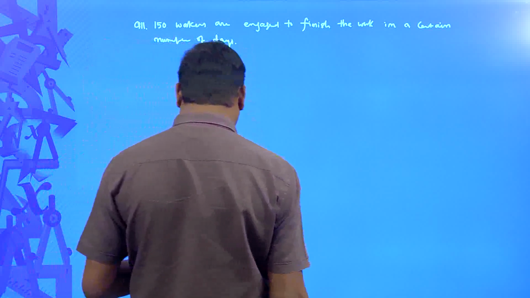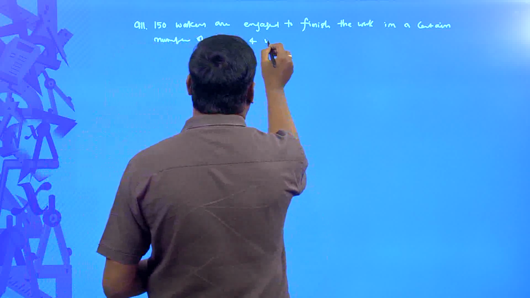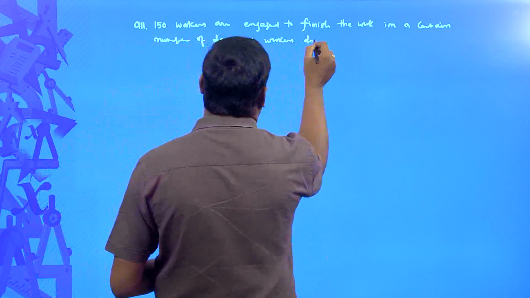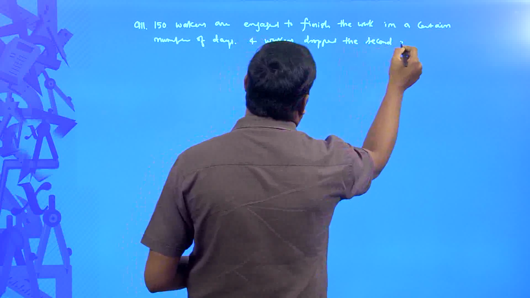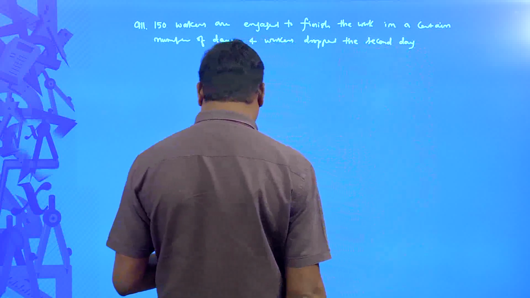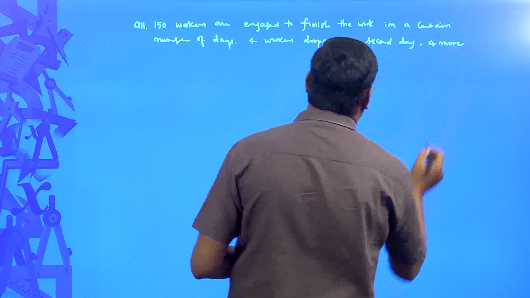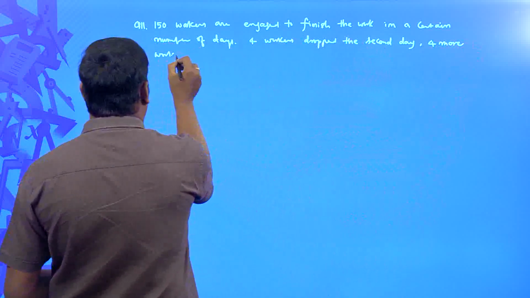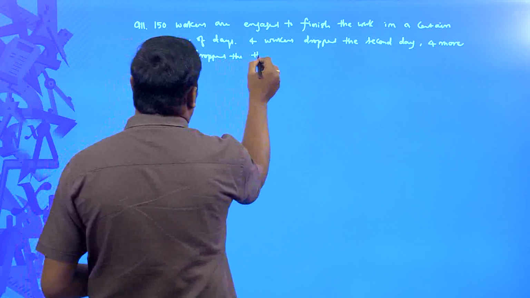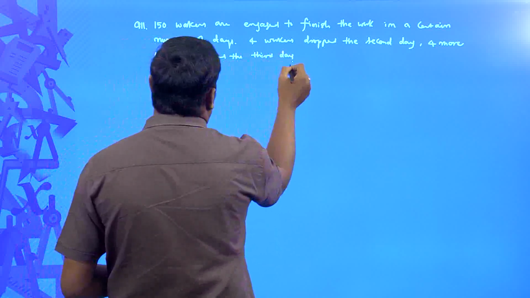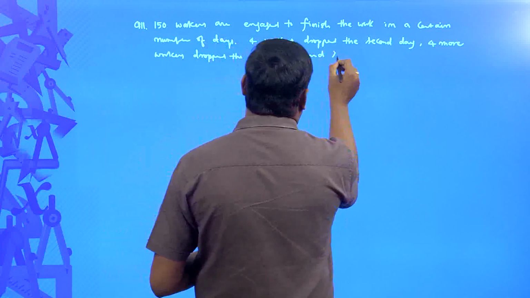In a certain number of days, 4 workers dropped the second day, 4 more workers dropped the third day, and so on.